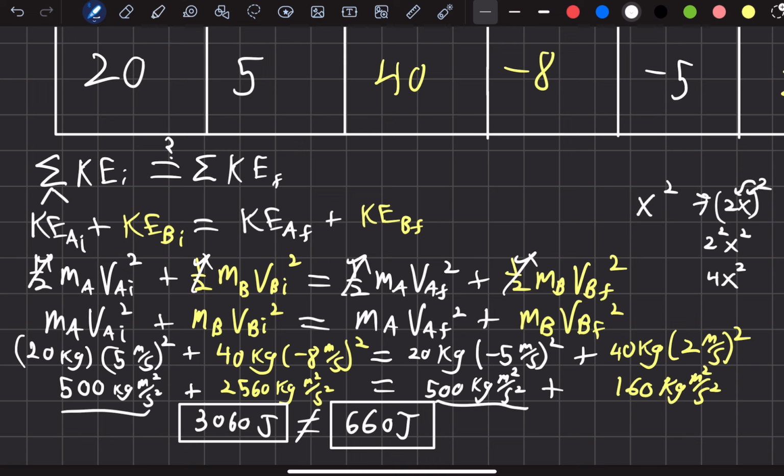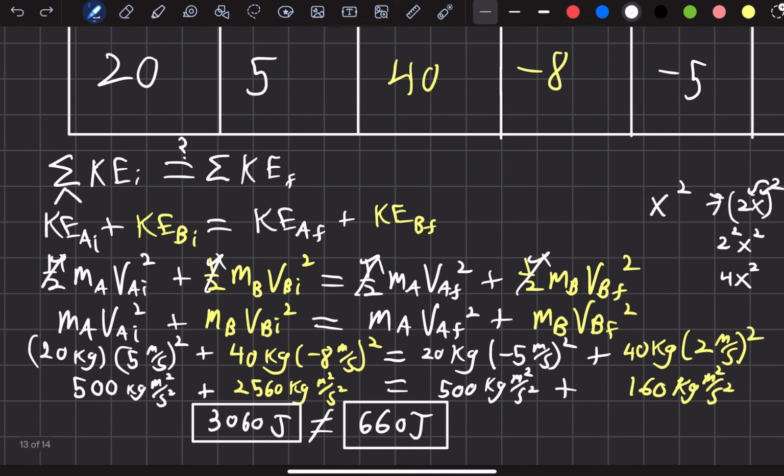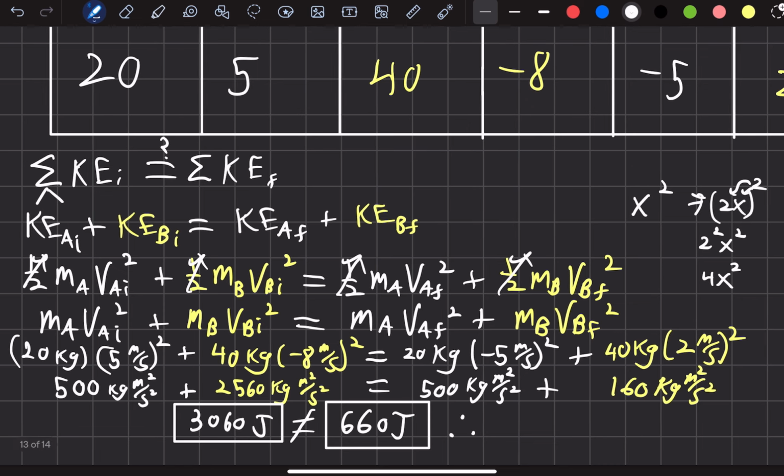So if there's any change in object B's kinetic energy, then we're not going to have the same amount of kinetic energy before and after. Therefore, and we can use the triple dot notation to represent therefore, since these two numbers are not equal, this collision is inelastic.